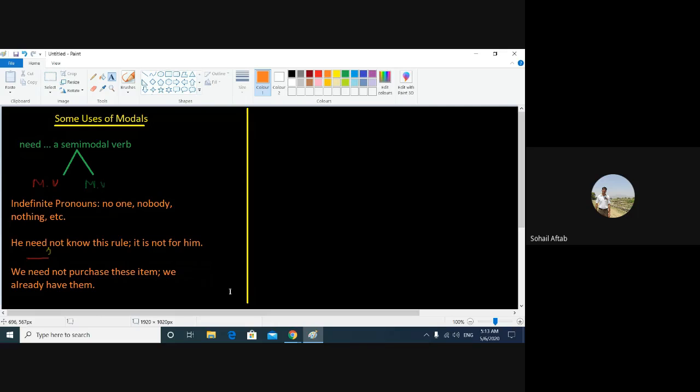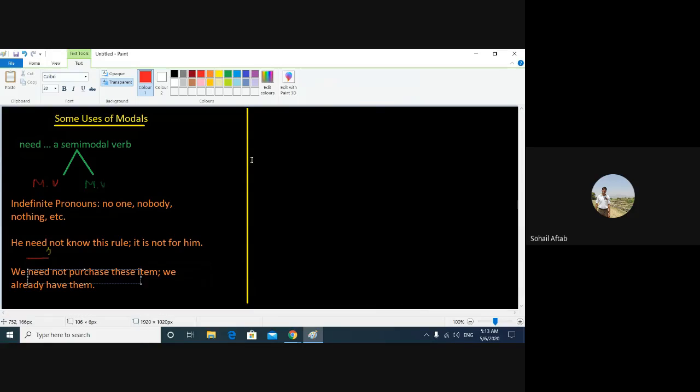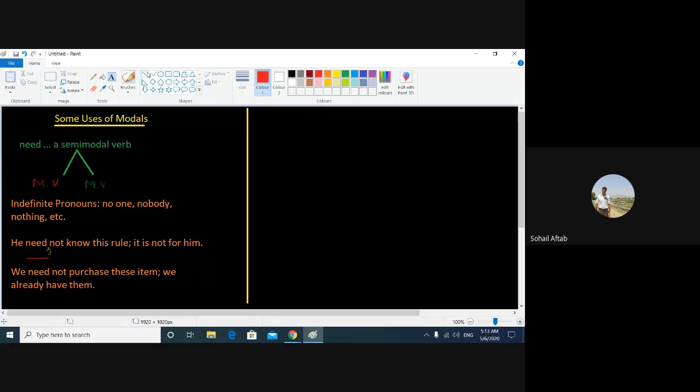We already have them. It's a kind of negative obligation. The obligation is not to purchase. Why? Because you already have that thing. So just focus on the structure, and the structure will become more handy when you practice it. Let me underline need not here, just to remember the structure.